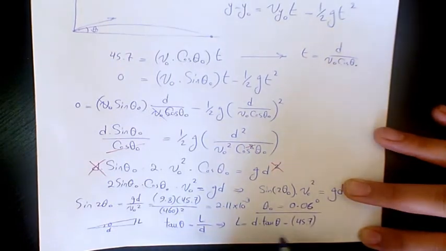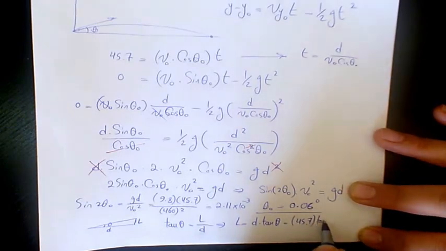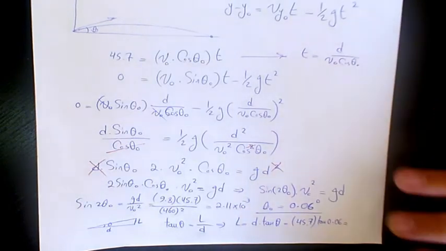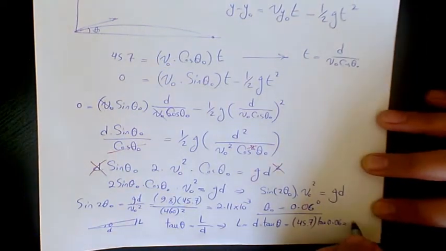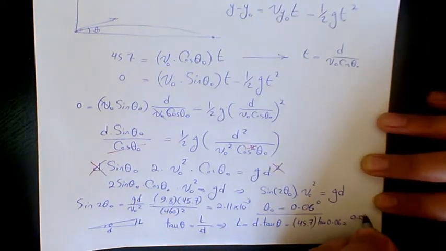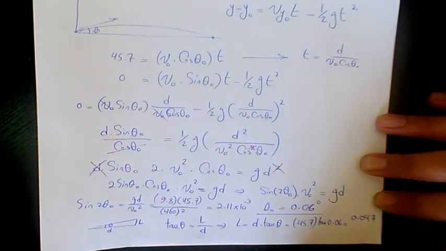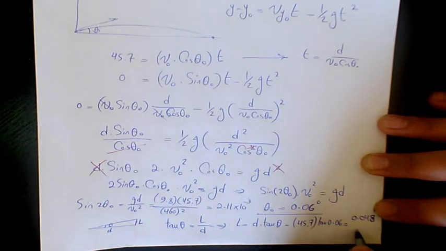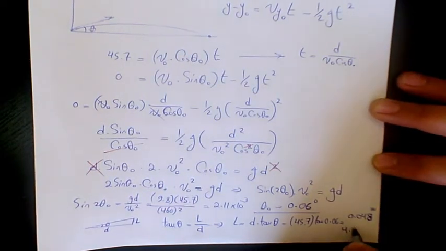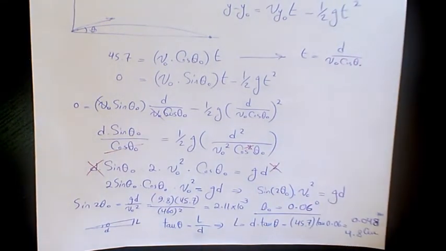Tan theta is going to be tan of 0.06. The answer is going to be around 0.047 meters, or when you convert it to centimeters, it's going to be 4.8 centimeters.